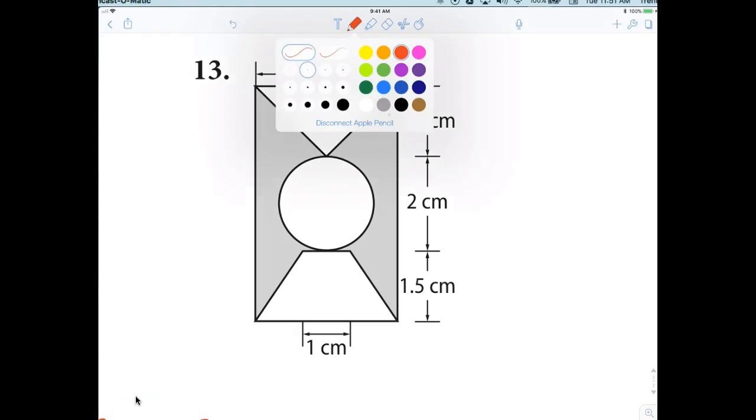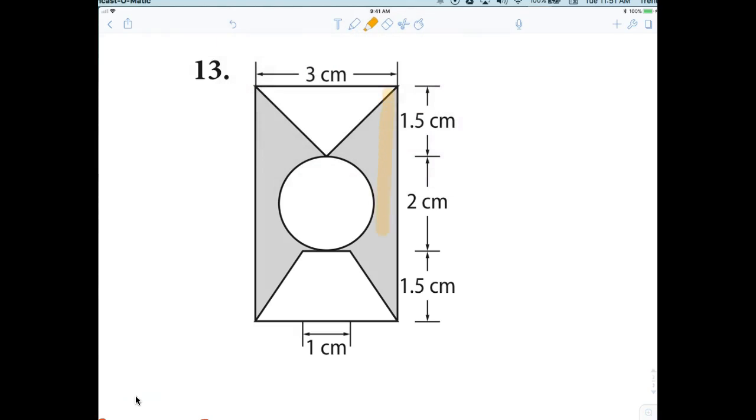So right here, the whole shape itself is a what? A rectangle. Then what am I going to do? I'm going to cut out the triangle. I'm going to cut out a circle, and I'm going to cut out a trapezoid. Is everybody good with that? What's the formula for area of a rectangle?